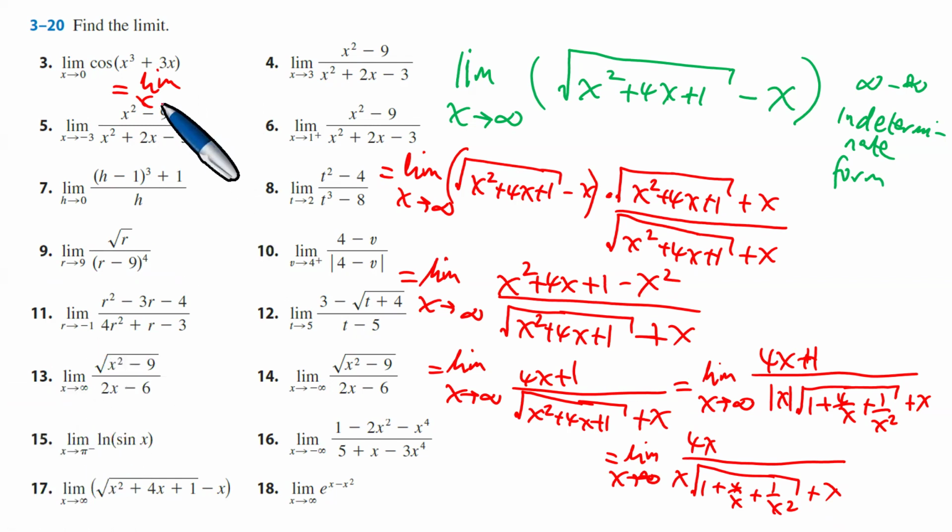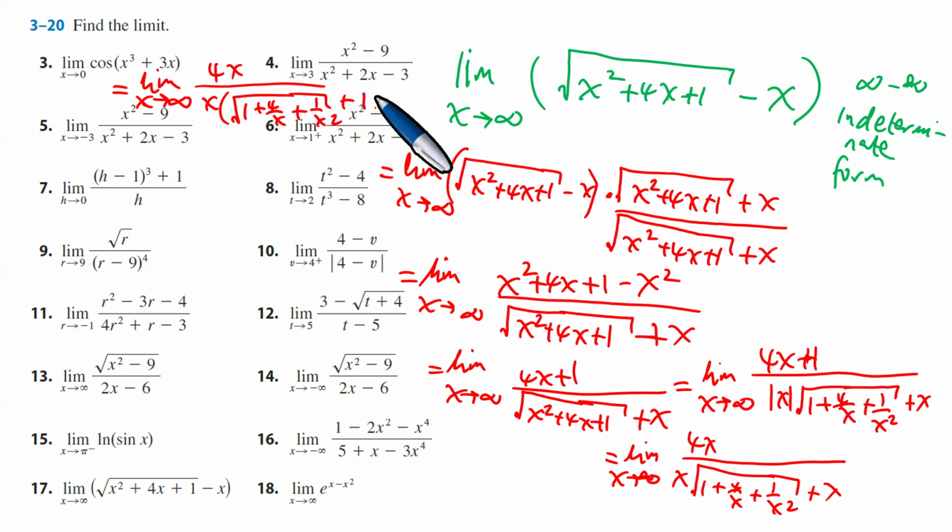So x approaches infinity, which is 4x divided by, which is 1 plus 4 over x plus 1 over x squared plus 1. The x cancels out, giving us the limit as x approaches infinity.